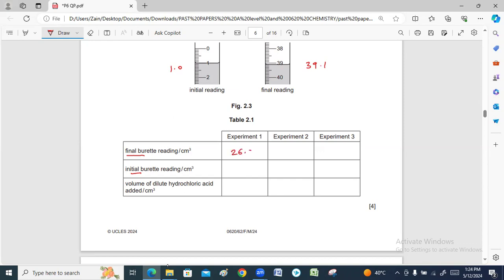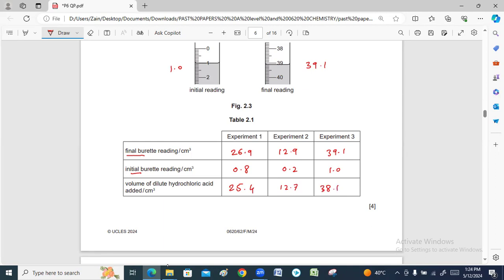This is 26.9. This is 0.8. This is 12.9 and 0.2. 39.1 and this is 1.0. So just subtract these numbers. So 25.4 and then 12.7 and then 38.1.